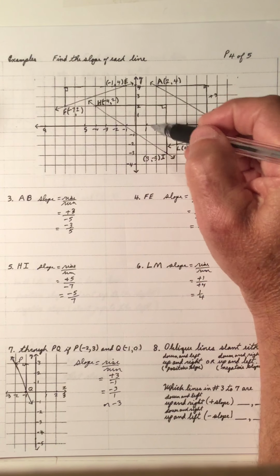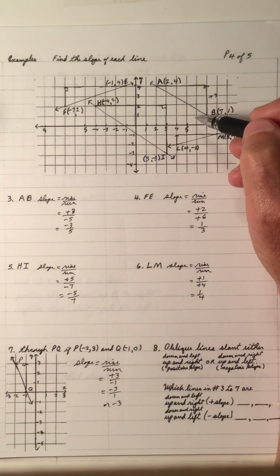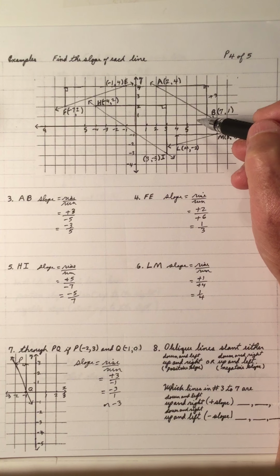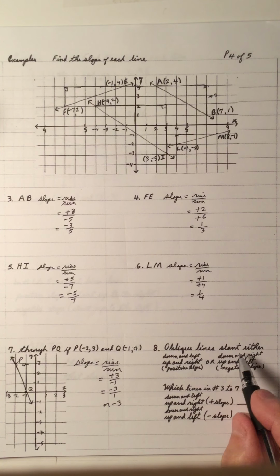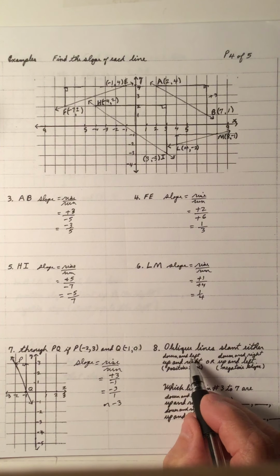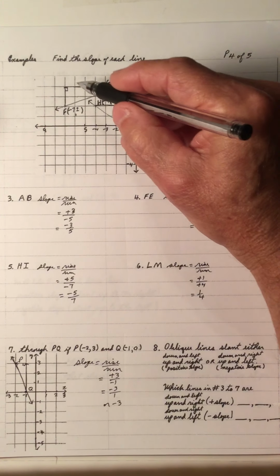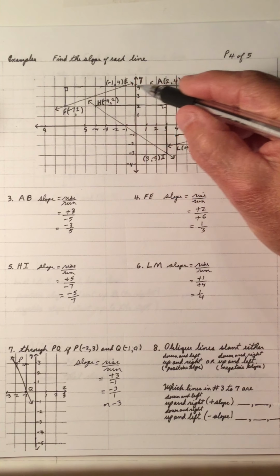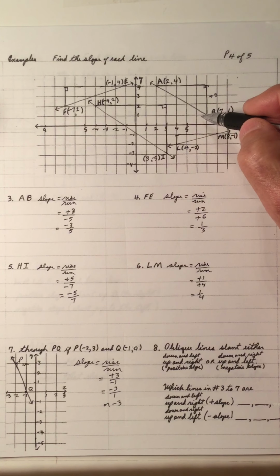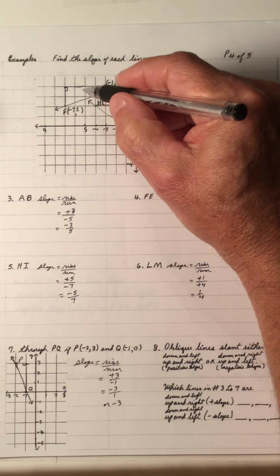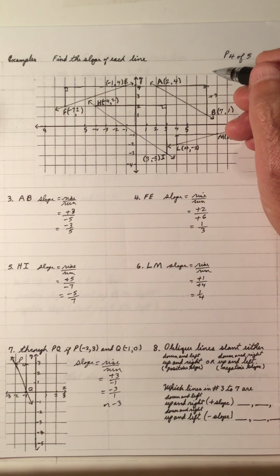So none of these lines we've done so far are horizontal or vertical, they're all obliques. They're always sideways. So oblique lines slant either down to the left, see? So this line could go down to the left, or you can go up to the right.